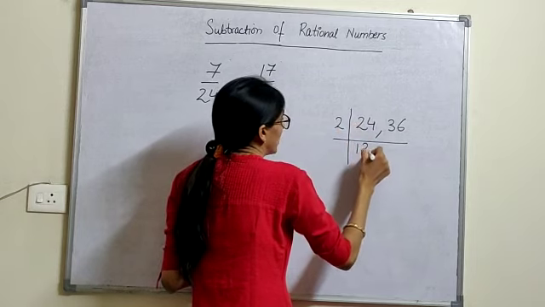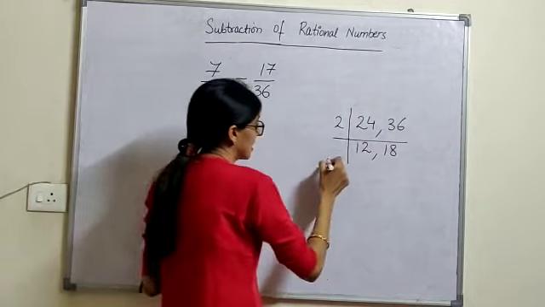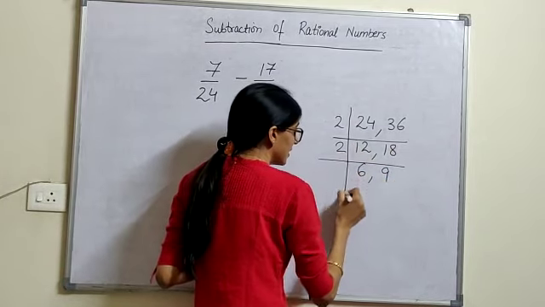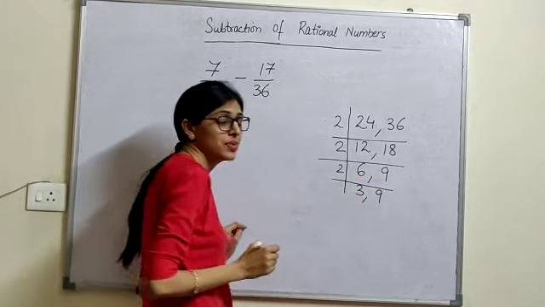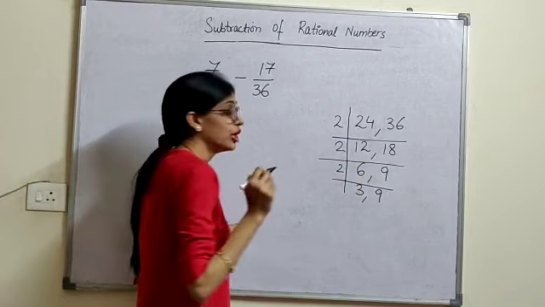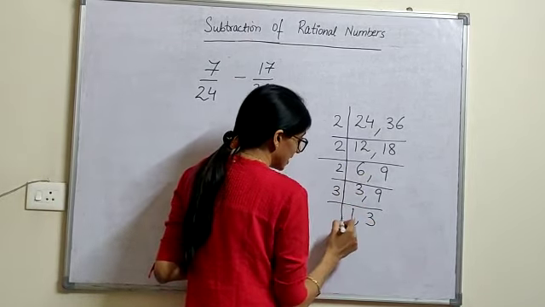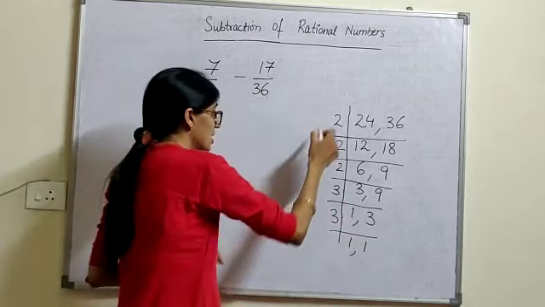2 12s are 24. 2 1s are 2. 2 8s are 16. 2 6s are 12. 2 9s are 18. 2 3s are 6. 9 remains as it is because it doesn't come in the table of 2. 3 1s are 3. 3 3s are 9. 3 1s are 1. 3 1s are 3.